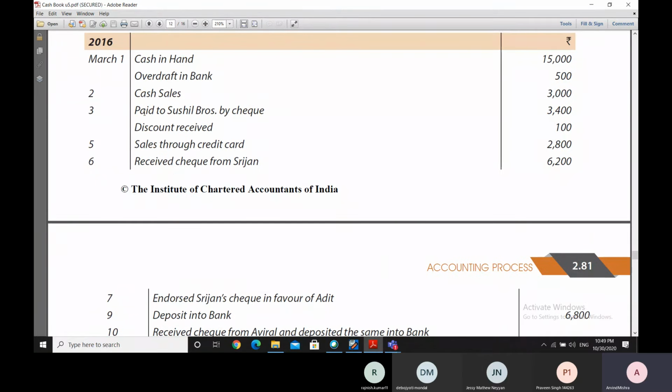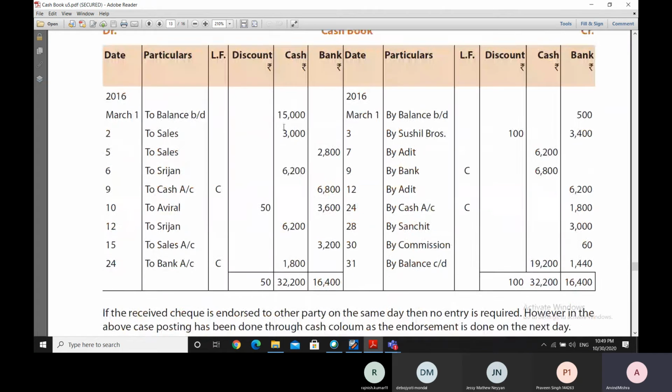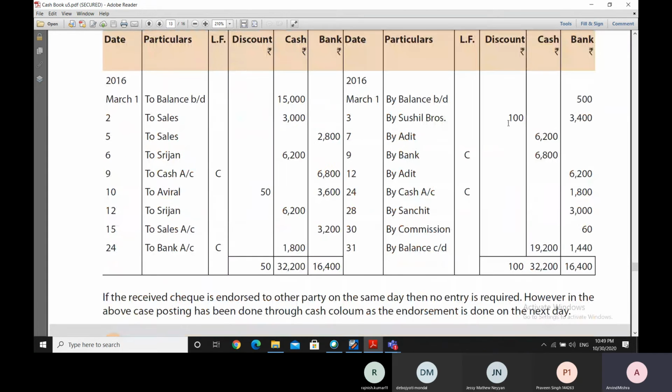Thereafter, on March 3, an amount of 3,400 is paid to Sushil Brothers by check, and on the same date, 100 rupees discount is also received. When we are paying Sushil Brothers, we are receiving a discount here. The check payment is 3,400 rupees, 100 rupees is the discount. So 3,400 rupees we are putting in the bank column because the check has been issued.